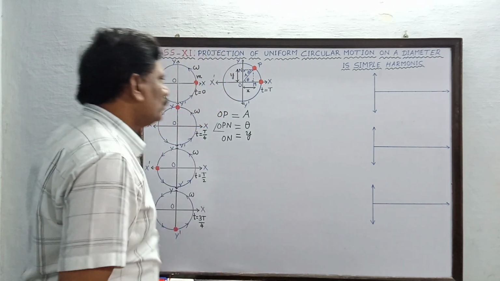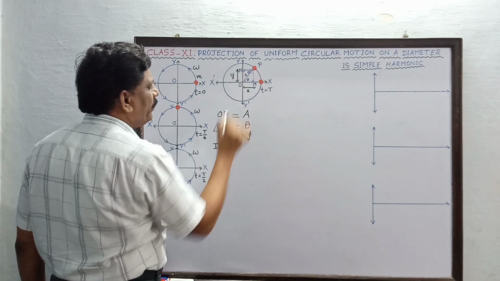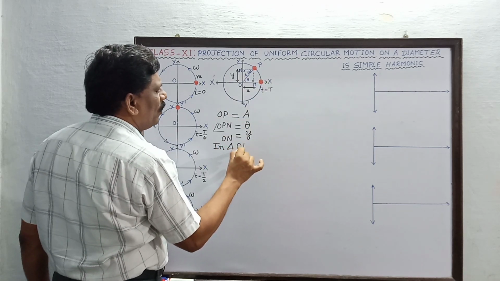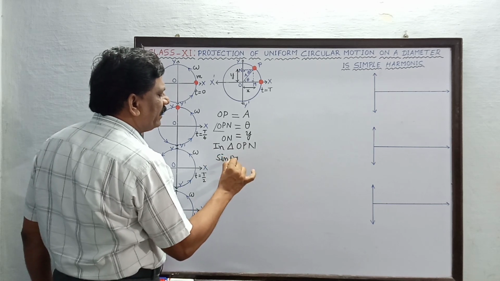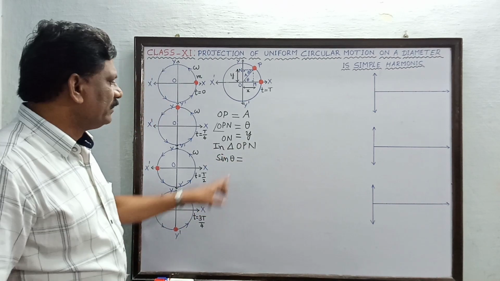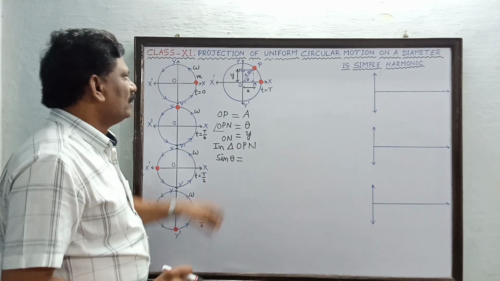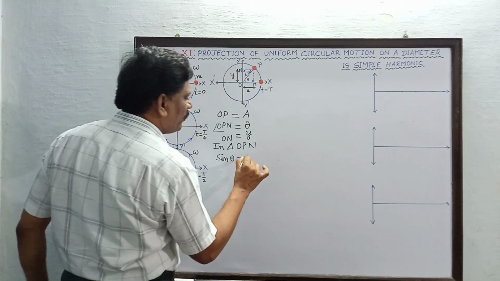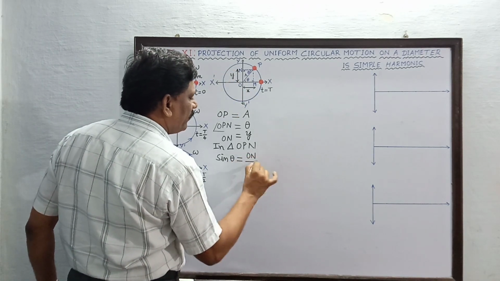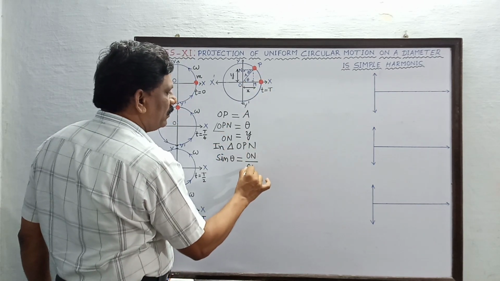Now find out, in triangle OPN, what is sine of theta equal to? Sine theta is equal to the opposite side by the hypotenuse. The side opposite to theta is ON, so this is equal to ON divided by the hypotenuse OP.